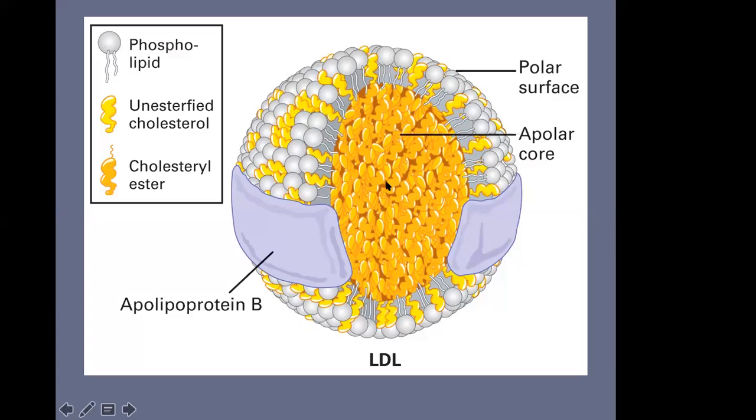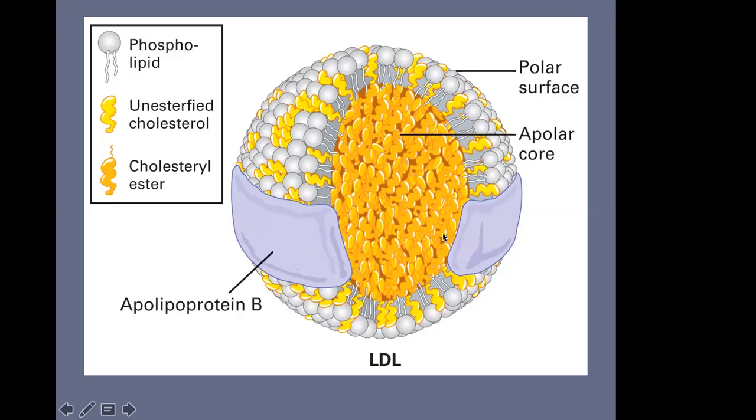The inner core is composed of triacylglycerol, cholesterol esters plus cholesterol, and there are proteins which are embedded in the outer lipid layer.